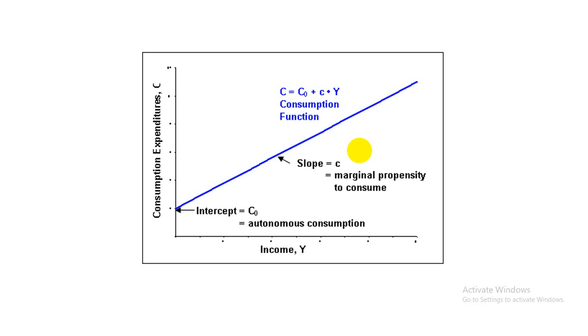The intercept, which is C naught, implies the level of consumption when an individual has no income.